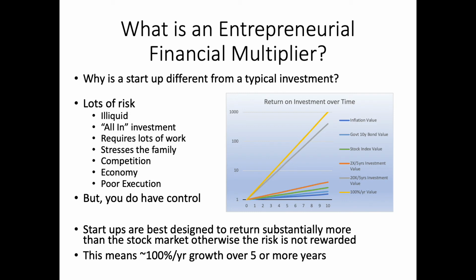So you need to be able to reward them for taking that risk, usually 2 to 3 times more than in the stock market. So that's why we need to have that in there. We need to have a good, solid multiplier built into our business plan. Otherwise, it's probably not a good use of our time.